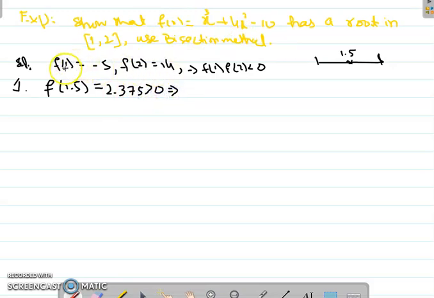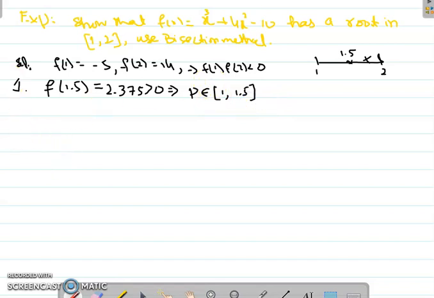So f of 1 is negative, f of 1.5 is positive, and f of 2 is also positive. So it means that the root lies in which interval? In this interval, because f of 1 is negative and f of 1.5 is positive, so we can exclude this interval. This one will not be counted. So the required root p belongs to the interval 1 and 1.5.